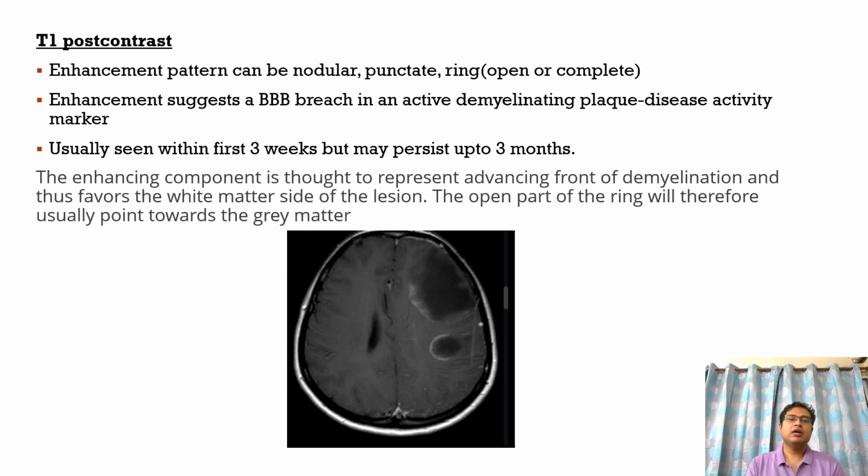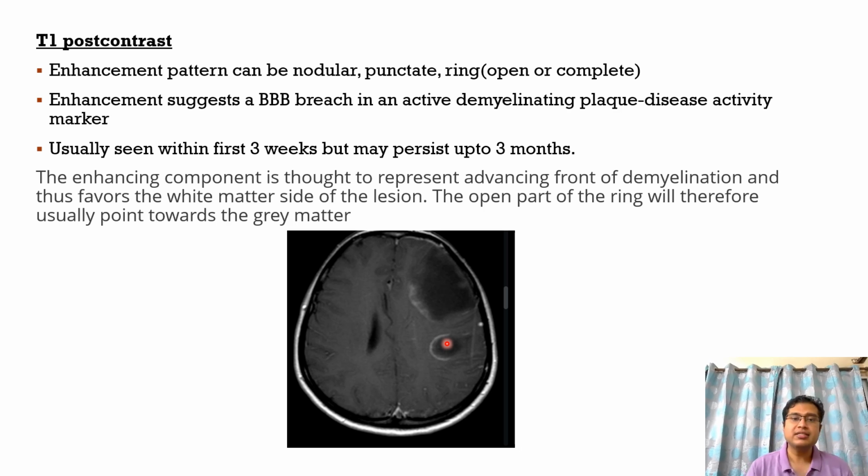Then another important sequence is the T1 post-contrast sequence, where the enhancement patterns are very important. The enhancement pattern can be nodular, punctate, ring, and commonly open ring is seen, where the open part of the ring points towards the cortex.